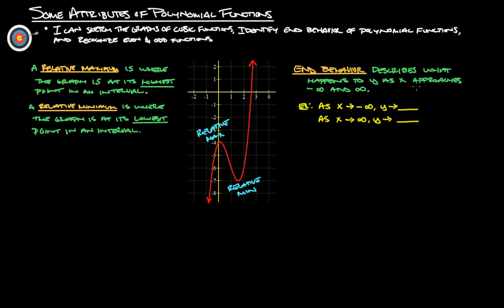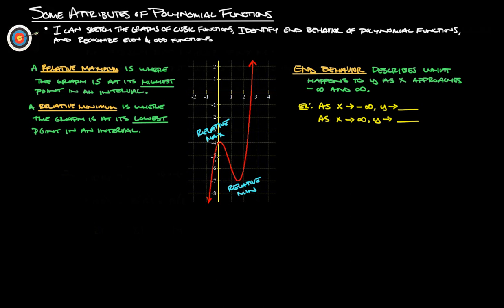End behavior describes what happens to y, the y value, as x approaches negative infinity and positive infinity. Maybe an easier way to look at that is to describe what happens to y as x is getting smaller and smaller and smaller. Say for this graph here, we start at 0, and as x is getting smaller and smaller, which means going into the negatives, so as we're moving to the left, what's happening to all these y values?